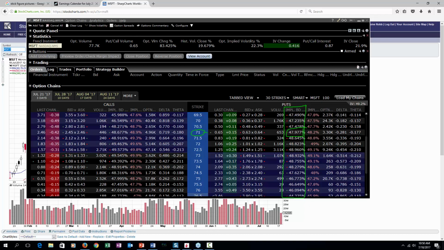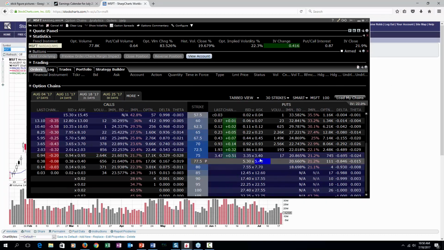And what am I going to buy? Well, I'm going to buy an option. I'll maybe go out here to August monthly and buy an option that's trading at 22%. And if I'm right, and this stock goes down towards 71 or so, this is going to be a great strategy because the short-term puts expire, my long-term puts live on. I probably don't see a huge volatility crush in this one.